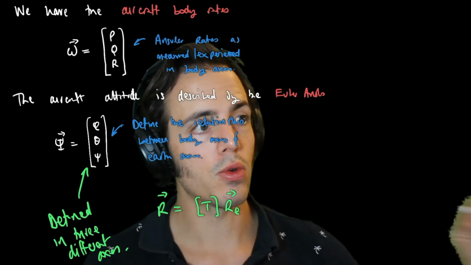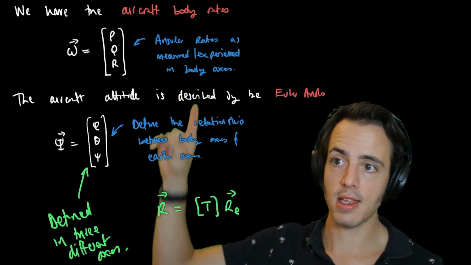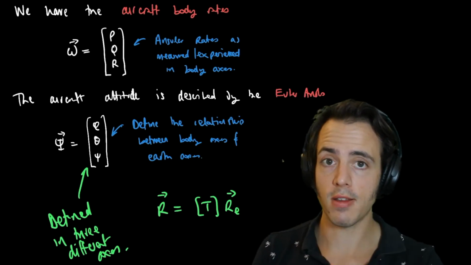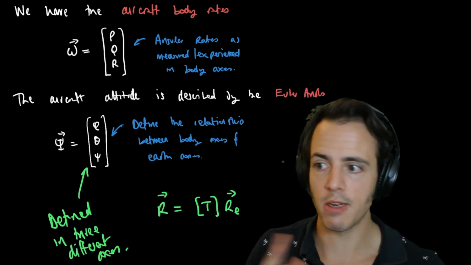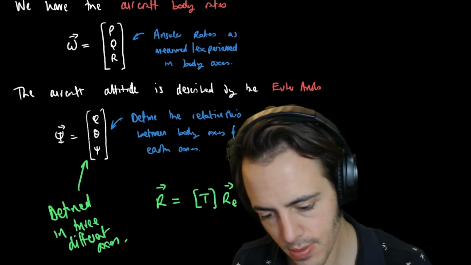So to get a transformation from these to these, the three successive rotations need to be defined in those individual axis sets. I think I've just described that fairly horribly there.